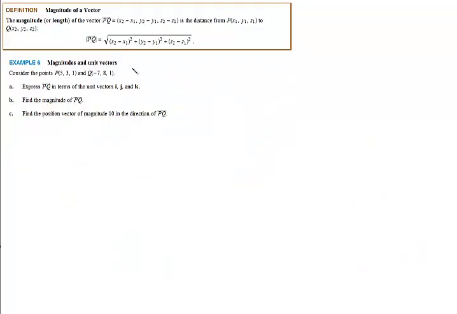Now we're going to extend our unit vector terminology to 3 dimensions. So I need to express PQ in terms of I, J, and K. So let me first get what they are. So PQ, that means that they're going to look like the x2.